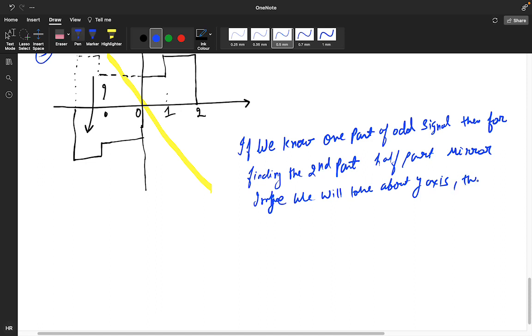Then draw the mirror image of x. So whatever the x part, about the x-axis, whatever part you are getting the image, mirror image, draw it. Okay.